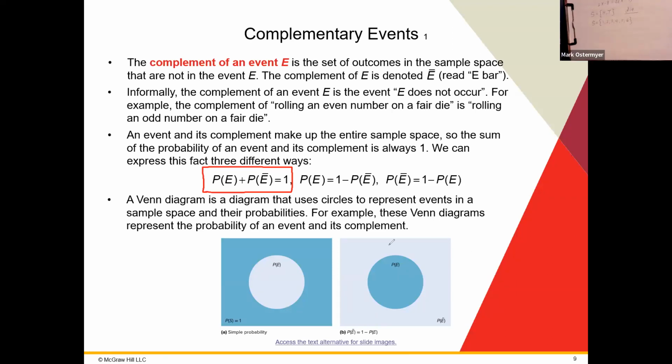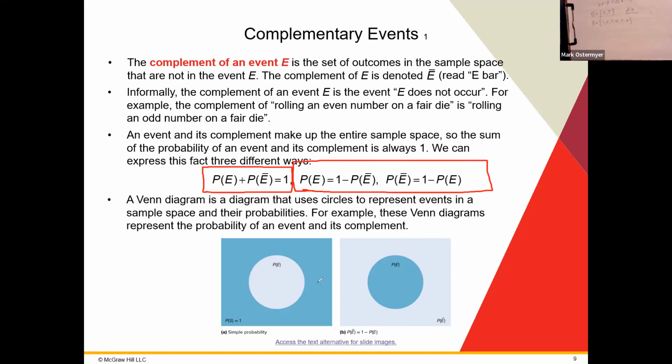All right. Notice we can do algebra on this equation and we can solve it for any one of these probabilities just by subtracting the other one from both sides. So these are two equivalent alternative versions of that very important fact that relates the probabilities of an event and its complement.